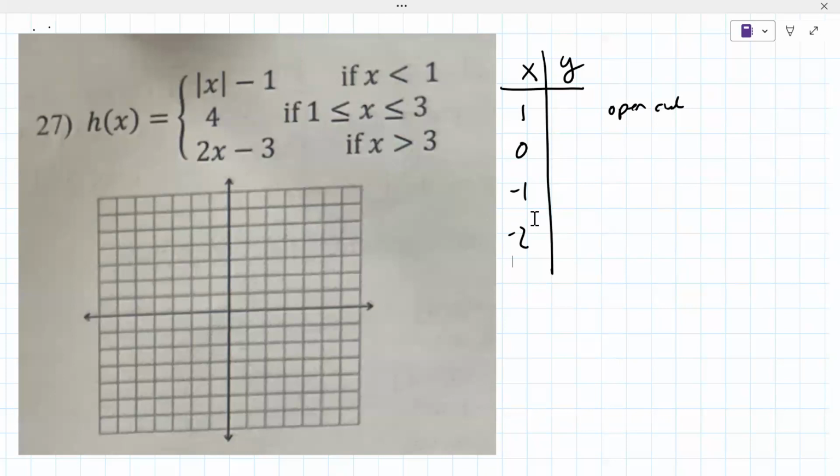Okay, I got 1 and 0, 0 and 0, -1 and 2, and then -2, -1.